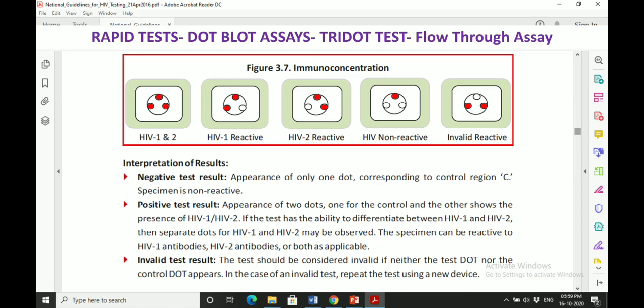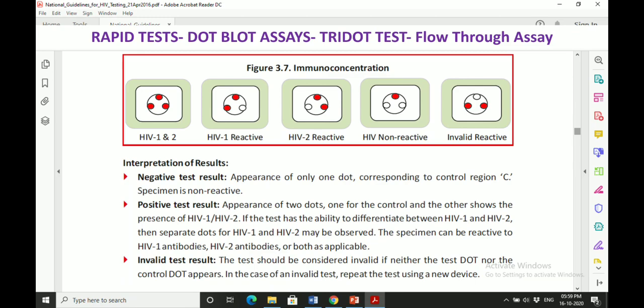As you can see, this is a solid immunoassay where you immobilize the HIV antigens on a porous membrane and you pass the specimen and the reagent through the membrane, and both the specimen and the reagent get absorbed into the underlying adsorbent pad.